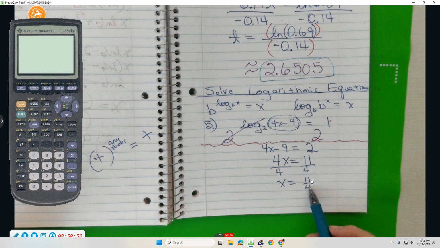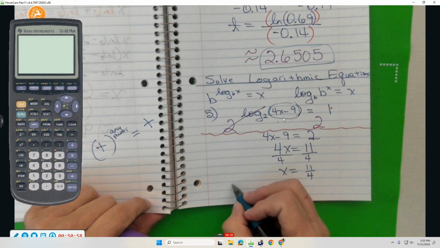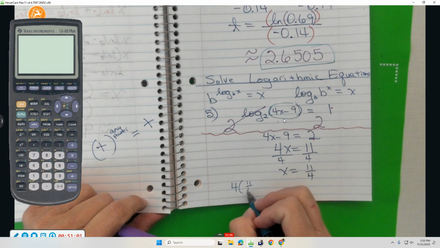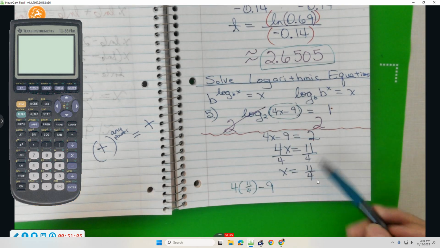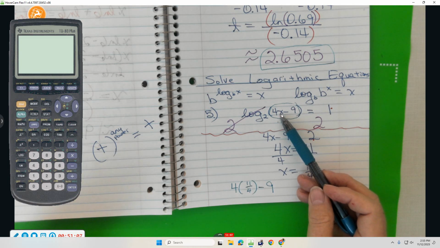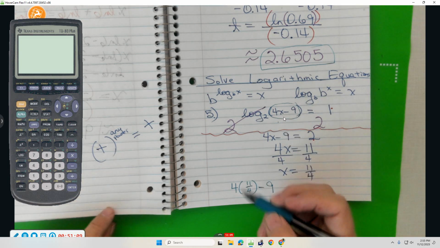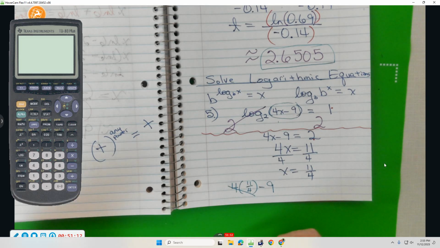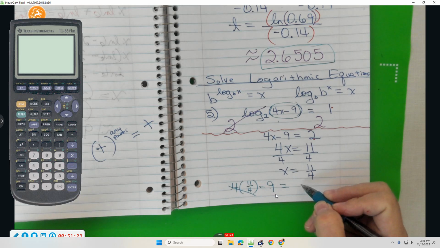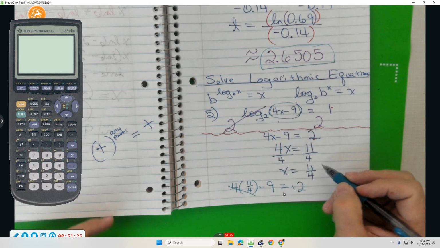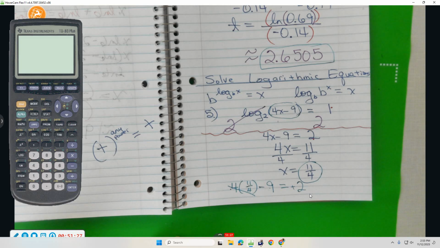If you plug in 11/4 in place of that x, 4 times 11 over 4 minus 9, the exact value doesn't matter, you just need to make sure it's positive. The 4's cancel to give us an 11 minus 9, which is a positive 2. So yes, 11/4 is acceptable.